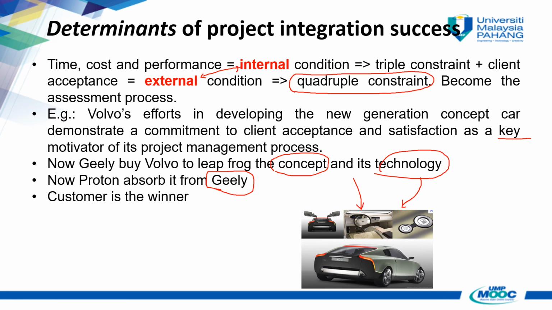Yes, the customer is the winner, although it is not a general statement. We know that in 2020, the S70 came to the Malaysian market, and after this, we will have the X50 product in the Malaysian market.